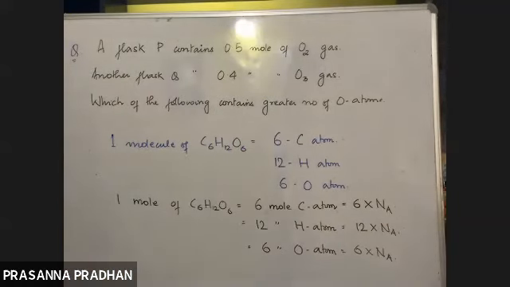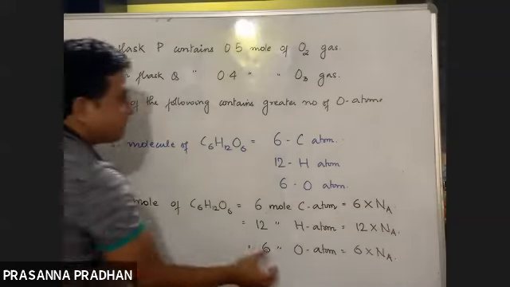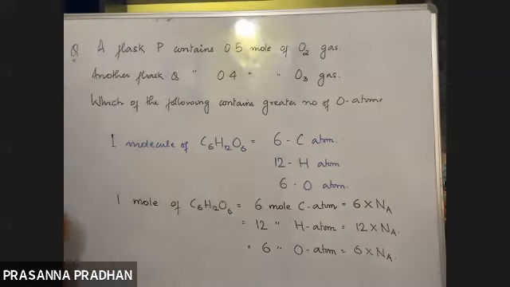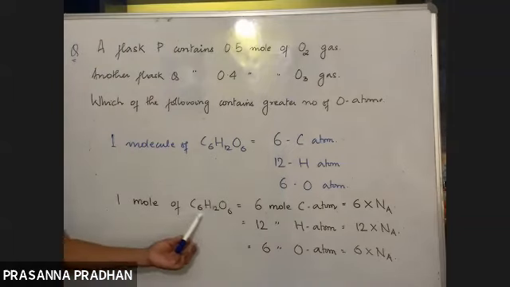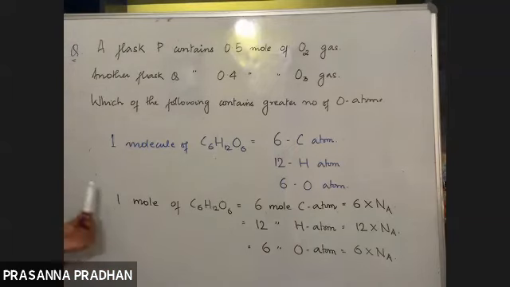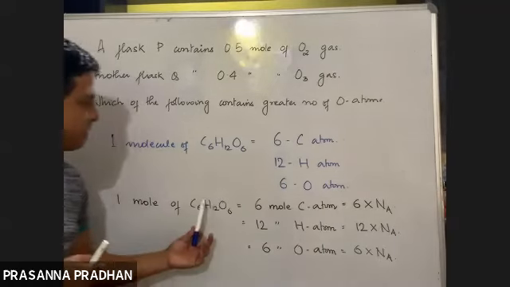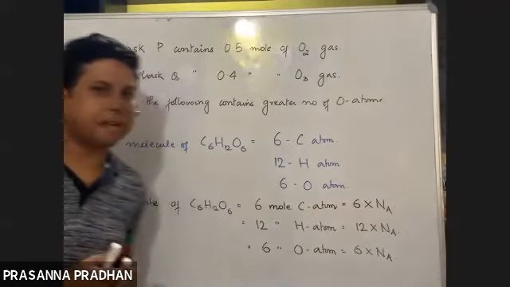So from the molecular formula, we can find out the number of atoms of each kind present in a molecule. If I modify this question now, suppose 0.5 mole of glucose contains how many carbon atoms? 1 mole contains this much, so 0.5 mole contains that multiplied by 0.5.